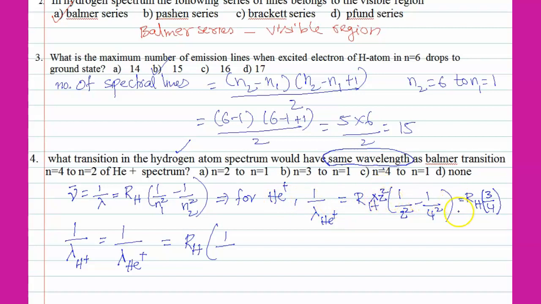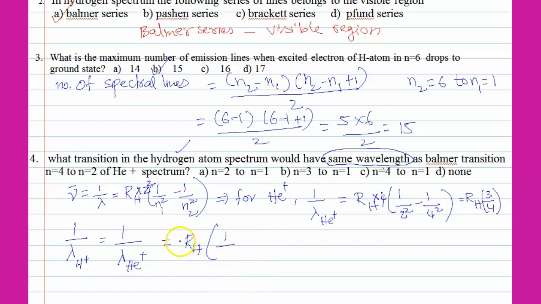Z here is 2, so 2 square is 4. The 4s cancel, 4 square is 16, and yes, correct, 3 by 4 only will come.